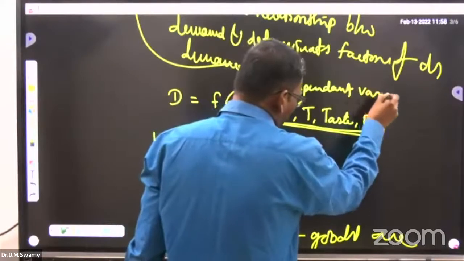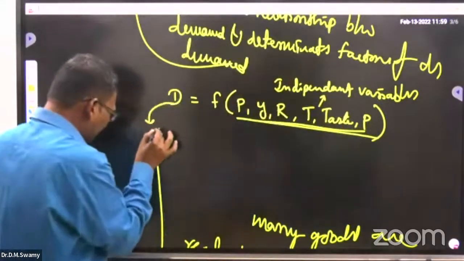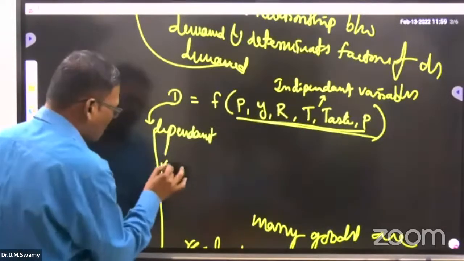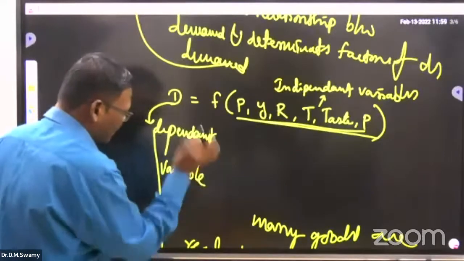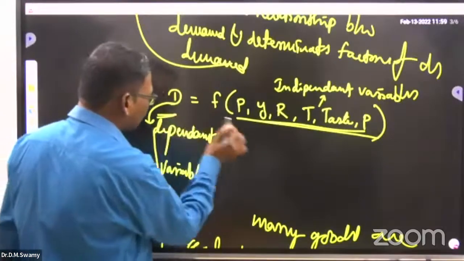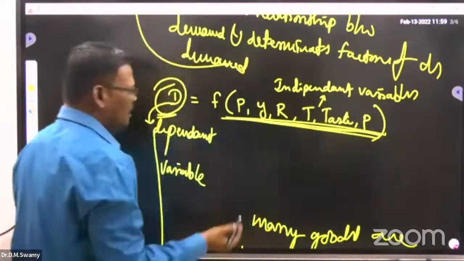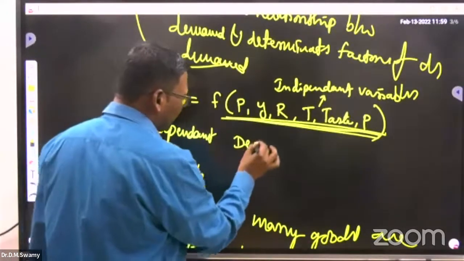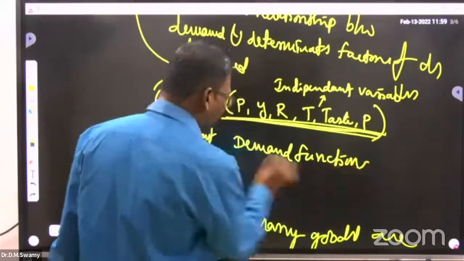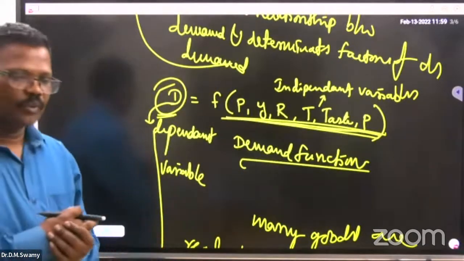And this is known as the dependent variable. If we explain the relationship between demand and the determinant factors of the demand, it is known as the demand function.